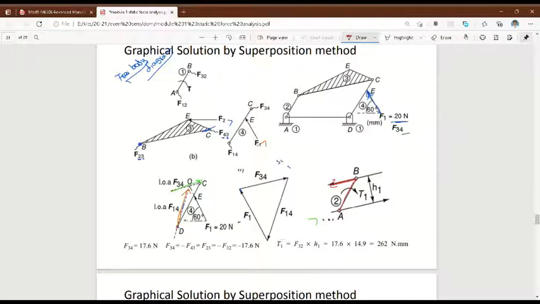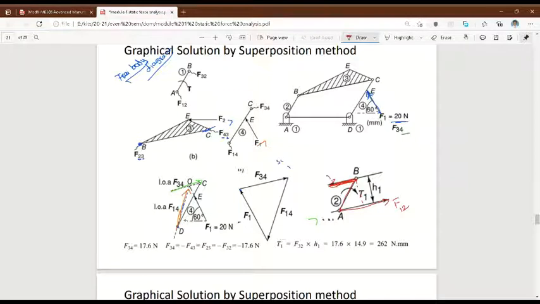Torque, we know that torque equals F32 into height. Sir, how to draw this height? For this line, draw a perpendicular line, and that line should hit F12. So this is F12.